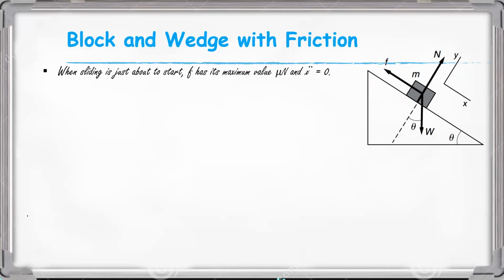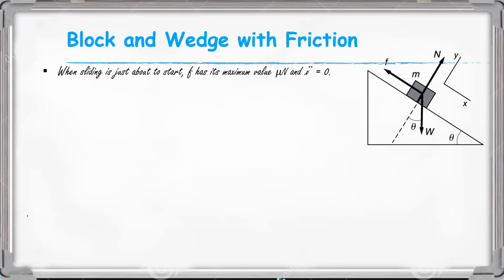And when we discuss friction, we say that the friction has maximum value when the sliding is just about to start, and the maximum value of the friction is mu N, where N is the normal force and mu is the coefficient of friction.